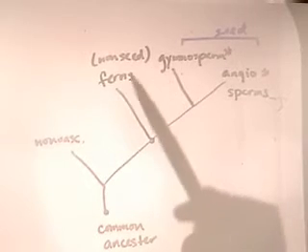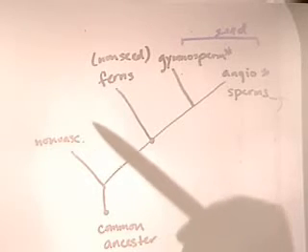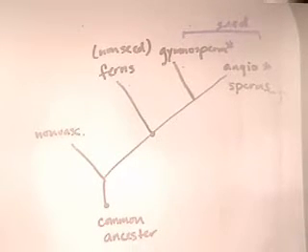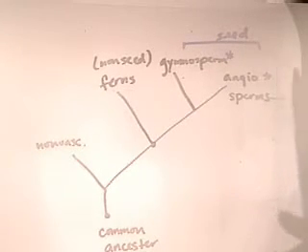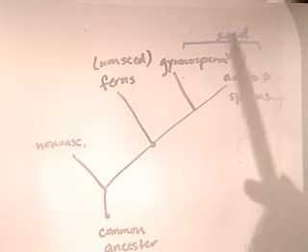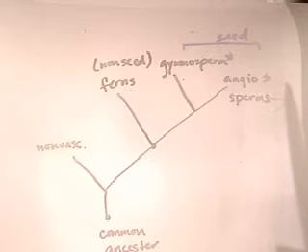Ferns, no seeds, they use spores. Mosses also, well, they don't have vascular tissue, so they're even less advanced. What we're going to focus on mostly in plant reproduction is angiosperm reproduction, dealing mostly with these seeds and why they're such an evolutionary advantage.